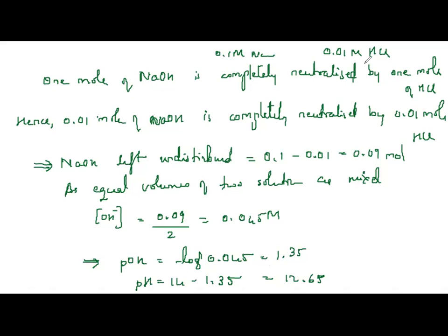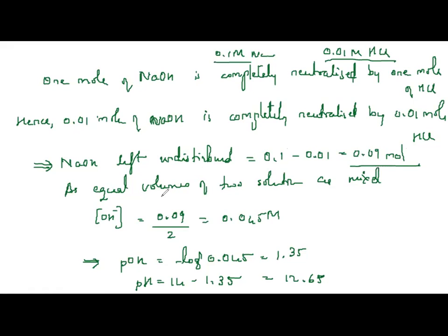Hence, if 0.1 mole of HCl is there, then 0.1 mole of NaOH will be neutralized by 0.1 mole of HCl. How much is left? Here 0.1 molar NaOH is there and this much is used up, so how much will be left? 0.09.